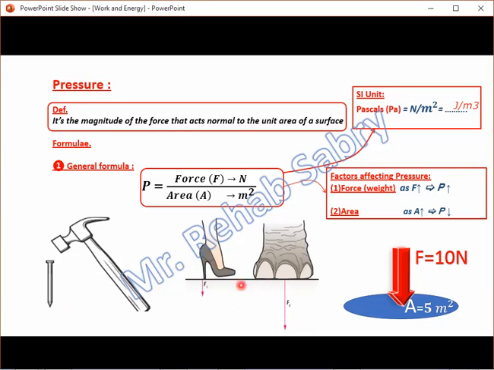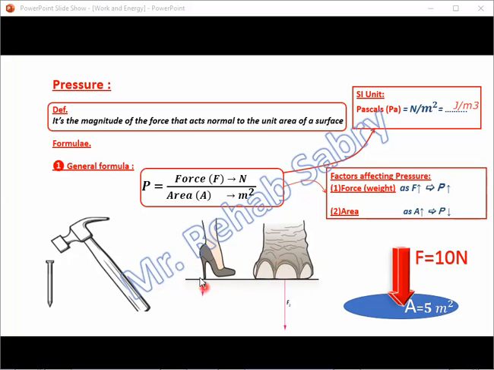Let's have another example. Now we have these two feet. This is the foot of an elephant, and this is the shoe, especially the heel of the shoe, of a woman. Which one will leave prints, affecting more the wooden ground or floor, something like that?